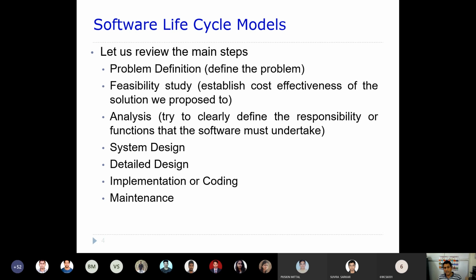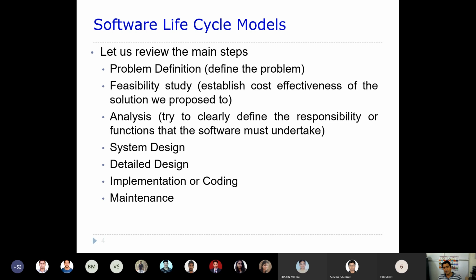And then system design, where we talk about the design part, how the solution can be implemented. Then detailed design, where we see detailed discussions on the design part.